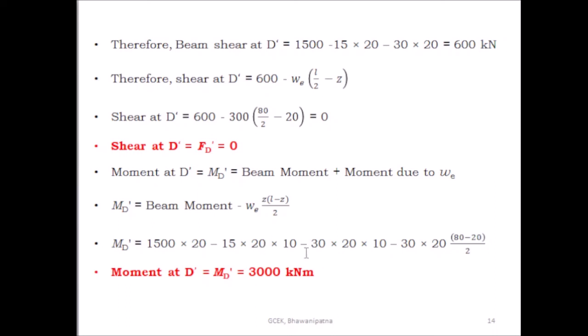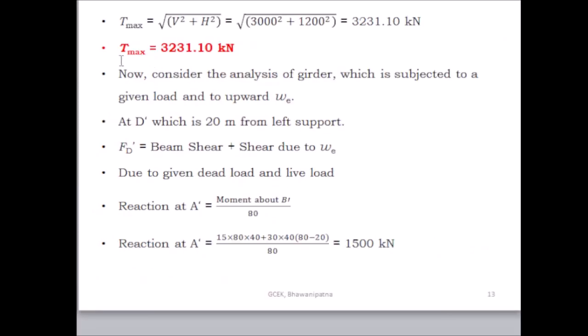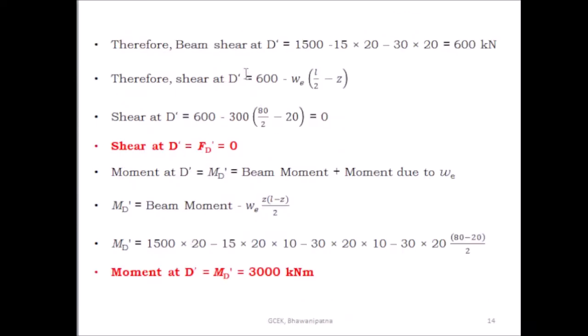So here you get 3000 kilonewton meter. So this is the moment at a distance 20 meter from the support A dash, and the shear force at a distance 20 meter from the support A dash is 0, and the moment at a distance 20 meter from the support A dash is 300 kilonewton meter, and the maximum tension in the cable is 3231.10 kilonewton.